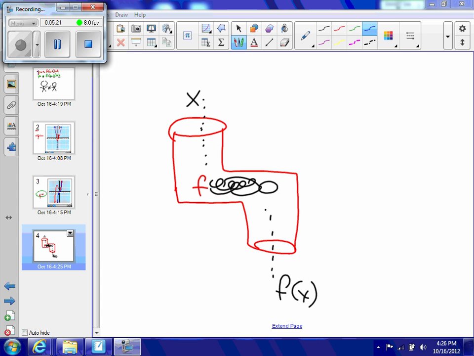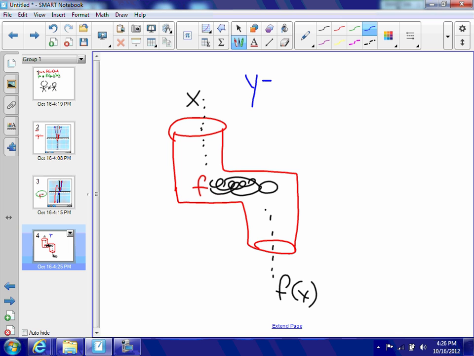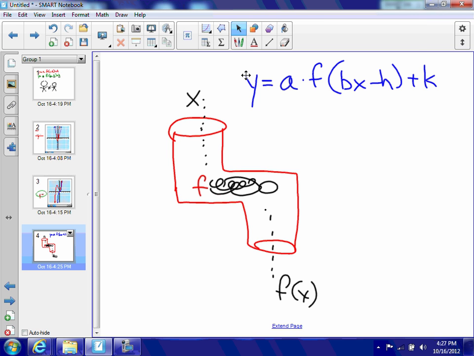When I look at my transformations, y equals a times f of bx minus h plus k, I want to call attention to a couple of things.